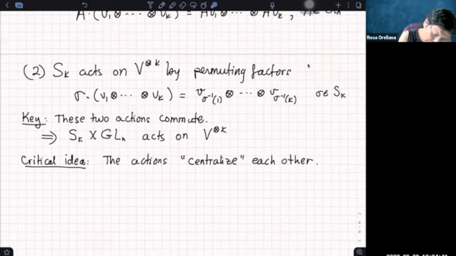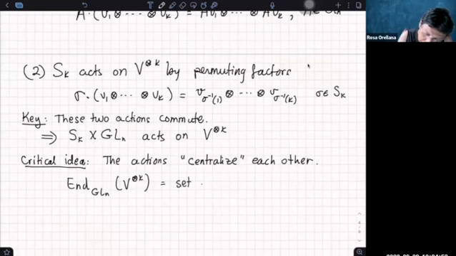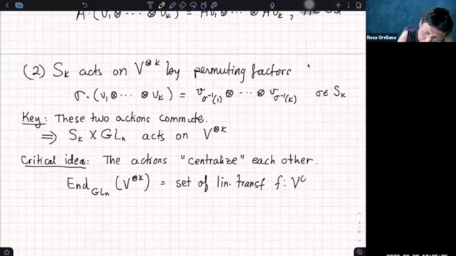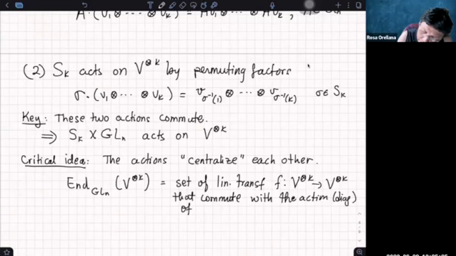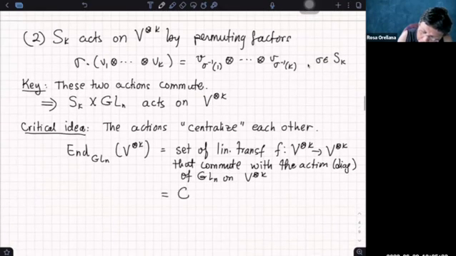So how do we write that? For instance, let's look at the End_GLN of V tensor K. This is the set of linear transformations f from V tensor K to V tensor K that commute with the diagonal action of GLN on V tensor K, and that is actually the group algebra CSK of the symmetric group.